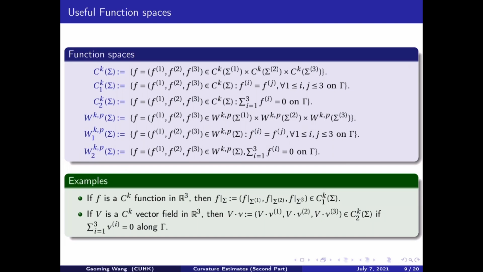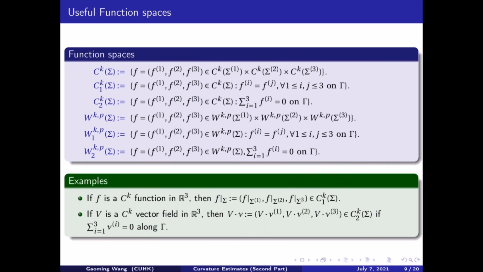If we assume f is a C^k function defined on R^3, then the restriction of f to Σ will have three components. If we think of it as three functions by restricting f to each Σ_i, then f_i equals f_j along γ since they are the restriction of f to γ.